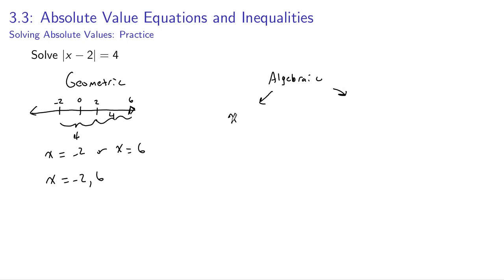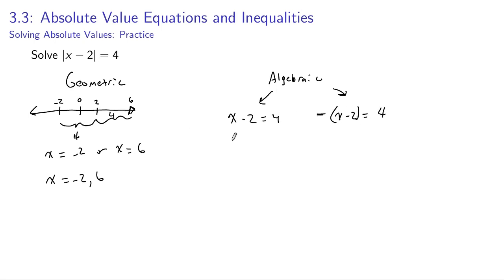Either x minus 2 will equal 4, or negative x minus 2 will equal 4.